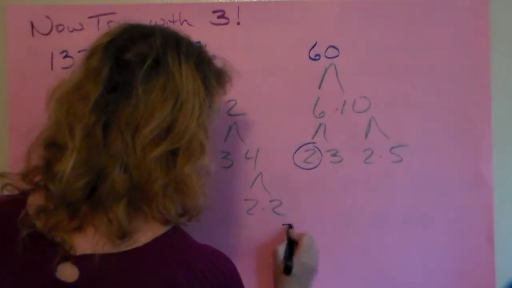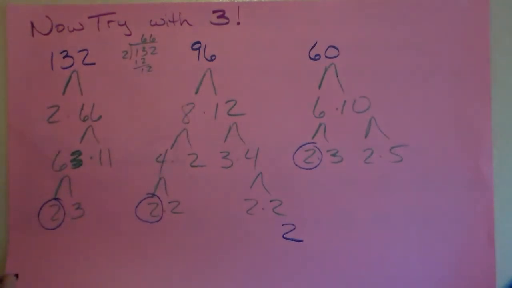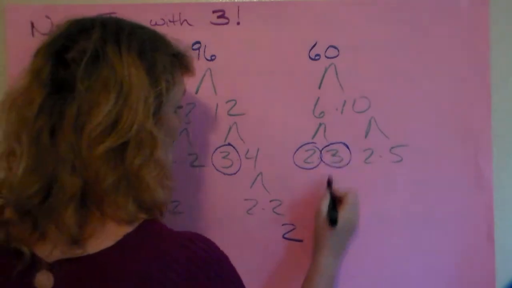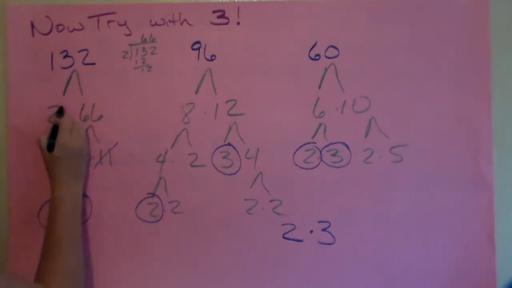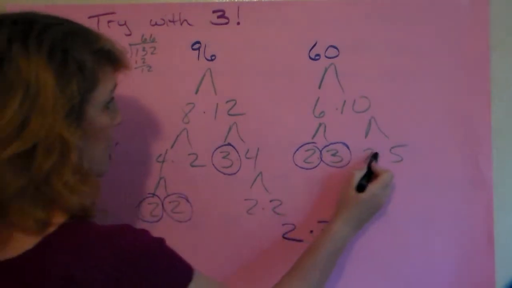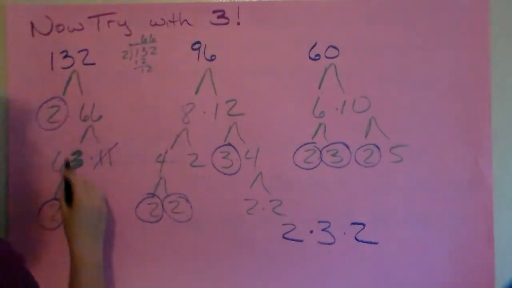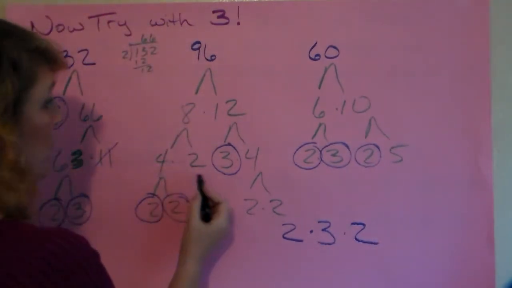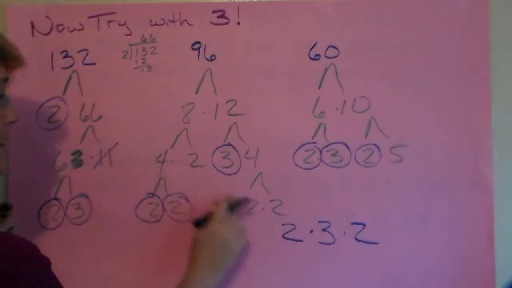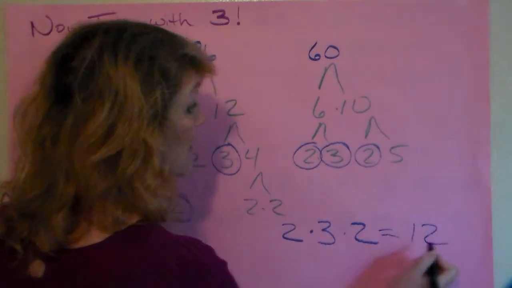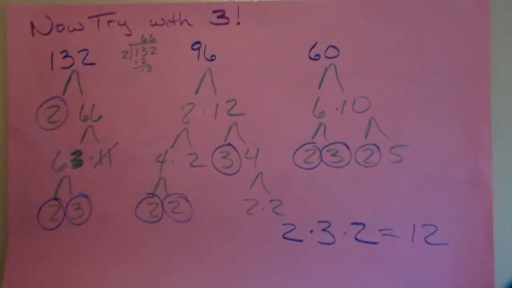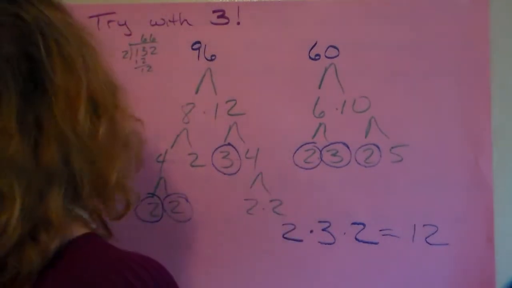I circle them, I write it down. They all have a 3. Circle them, write it down. They don't have an 11. I got another 2 here. 2, and 2, and 2. And that's all the factors of this. So I'm not going to have any more that they have in common because this just has 2's left and this has a 5 left. So our greatest common factor is going to be 12. Okay? Has to go all the way across the board for that.